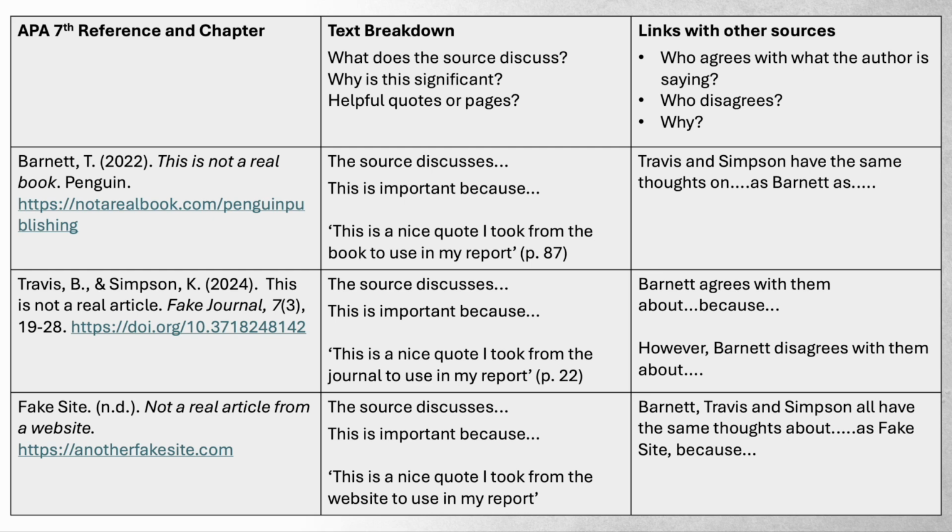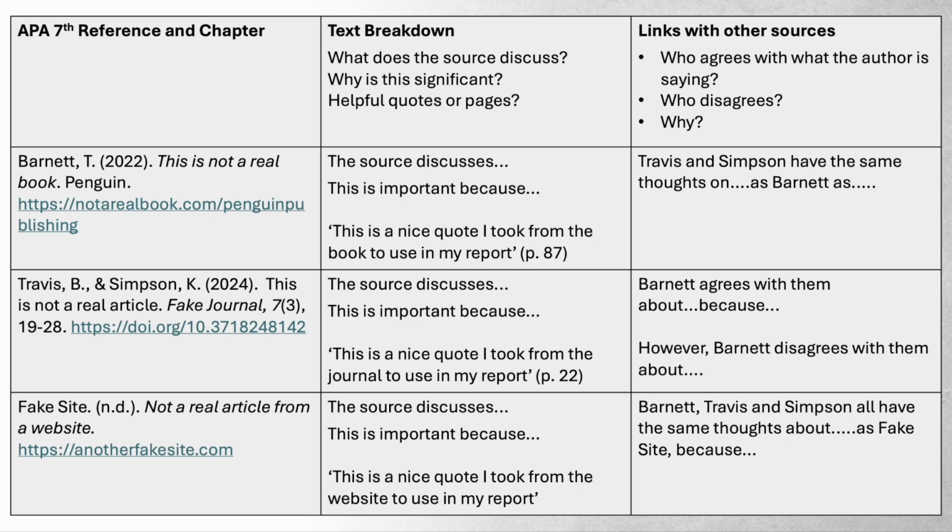Here you can see I have some fake books, Barnett's book, Travis and Simpson's fake journal article and a fake website. You can see how I've started to break down these texts in the middle column. You can do the exact same thing because all of this information will feed into your report. And finally, the last column, how the sources connect to one another.